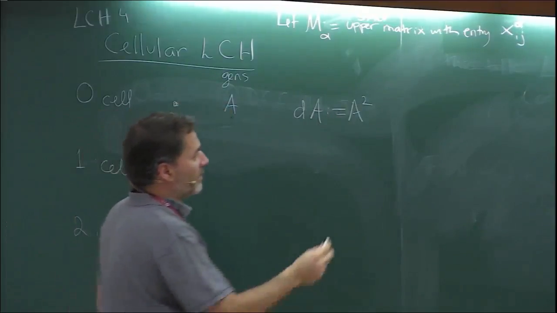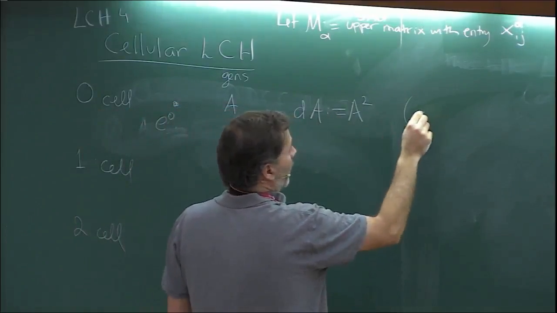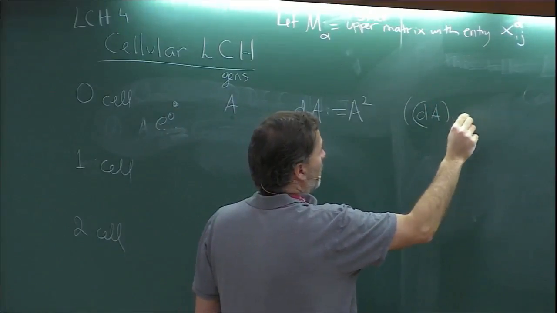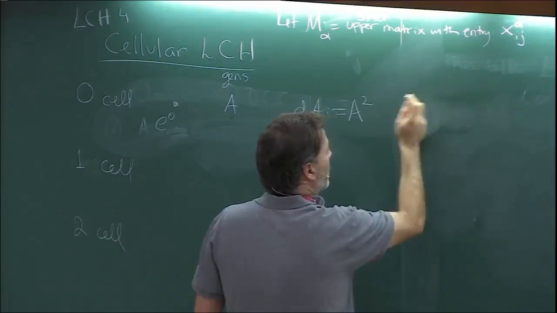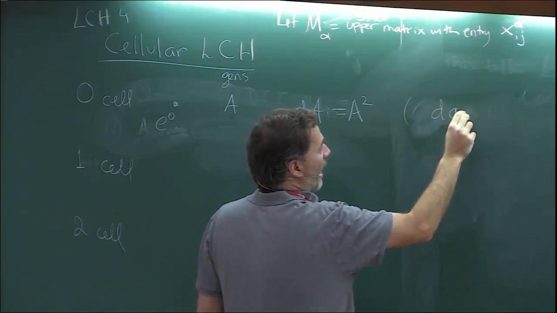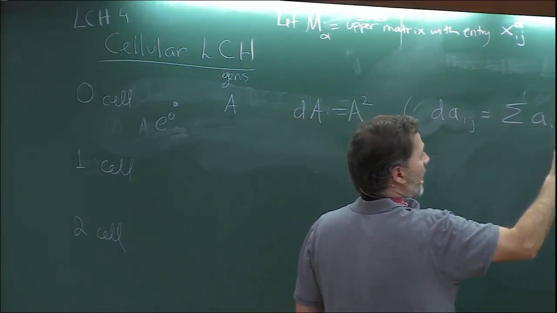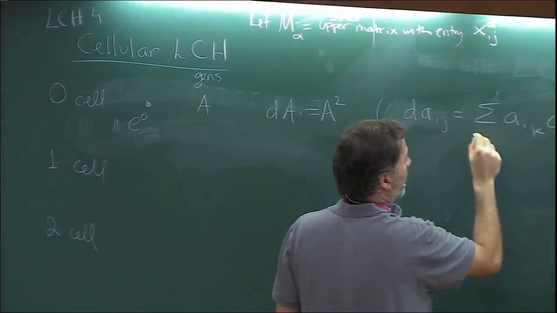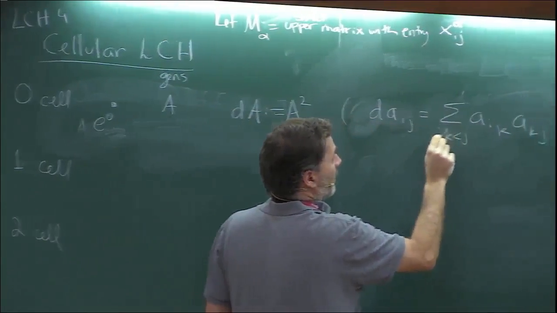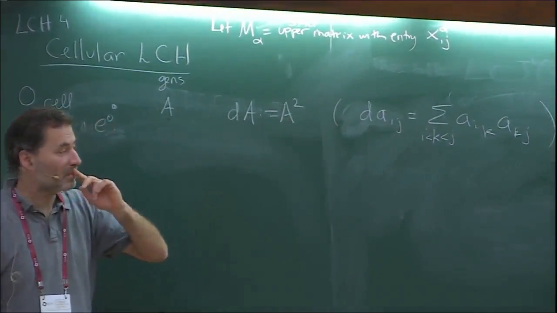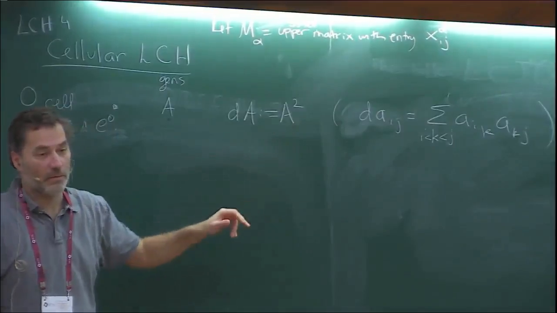And what that means is, this notation means the ij entry of dA is the summation of a_ik a_kj, where k ranges from j to i. So I'm just doing matrix multiplication to get the ijth element.